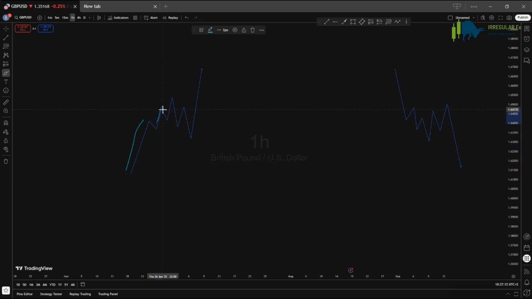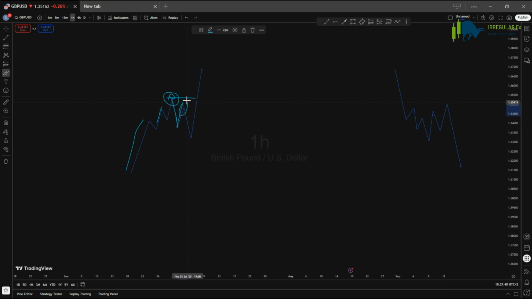But the moment the market creates a high, then pushes back to get some momentum, consolidating, then it pushes back up but fails to break the previous high, which is this high, then it pushes back to the downside.